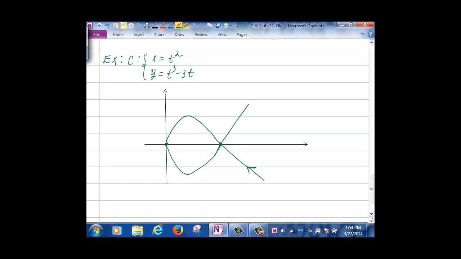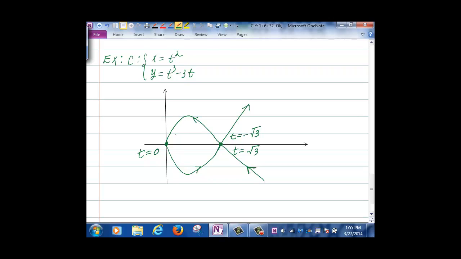So the curve is traced in this direction, comes around, and gets out in this direction. This point is first traced at time negative root 3, and it is also traced at time positive root 3. Then it reaches this point at time 0. If you look back in that example, you'll see that was the case.